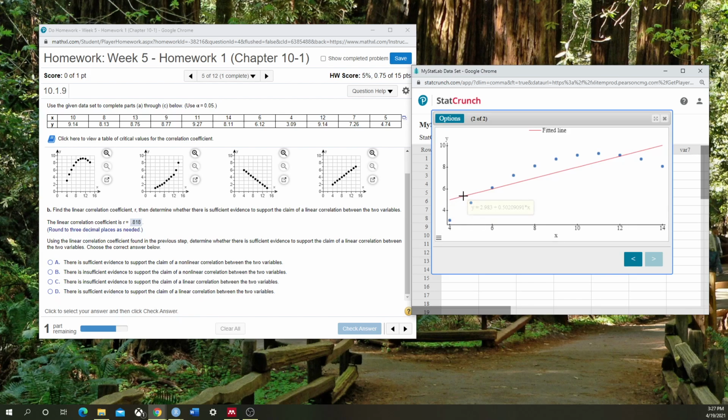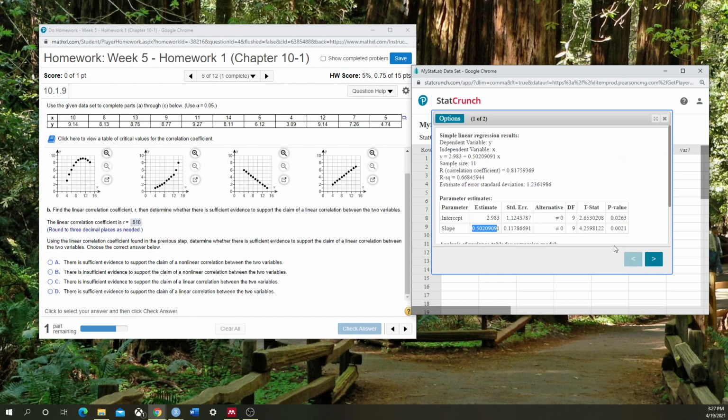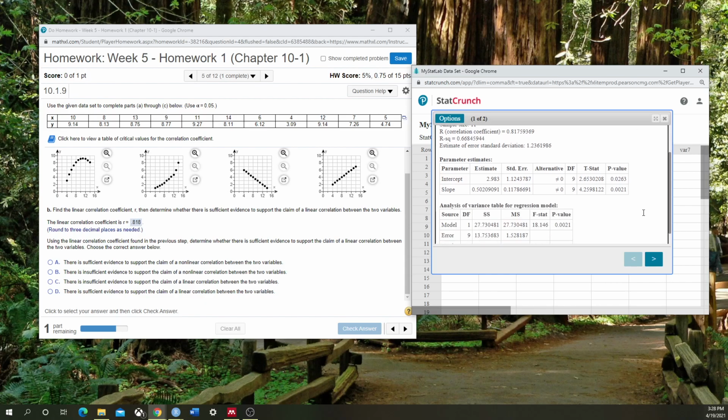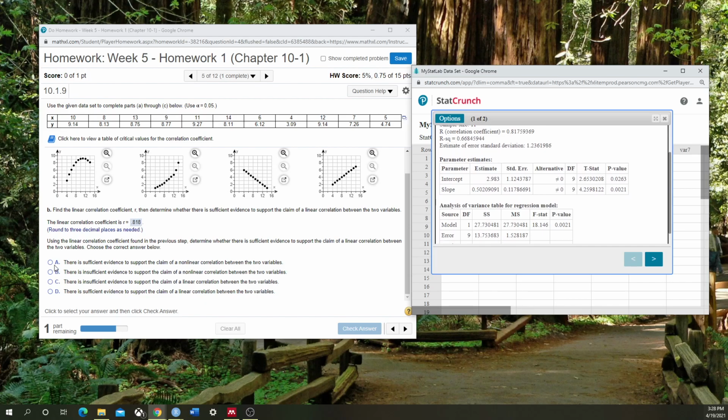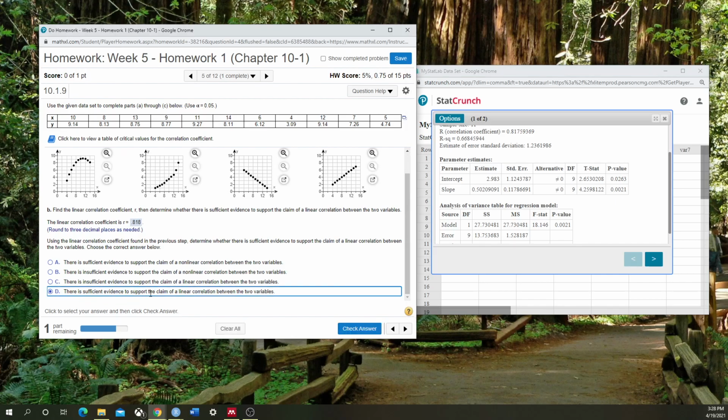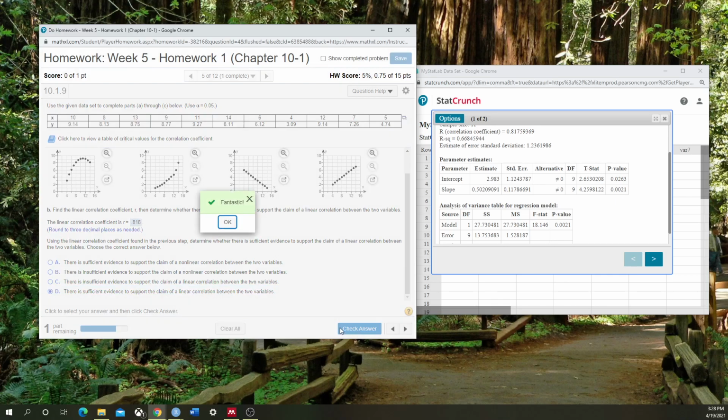So that's what this fitted line is showing us. And that's essentially what regression does. But if I want to determine the statistical significance of it, I can do that here as well. So I'm going to say there is sufficient evidence to support the claim, even though this is a curve, they're still looking at linear regression, that there is sufficient evidence to support the claim of a linear correlation between the variables. Okay.